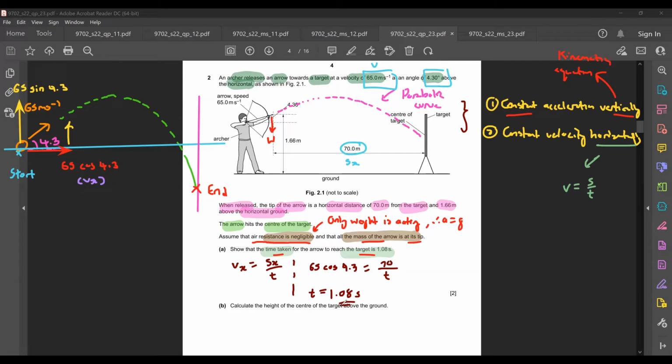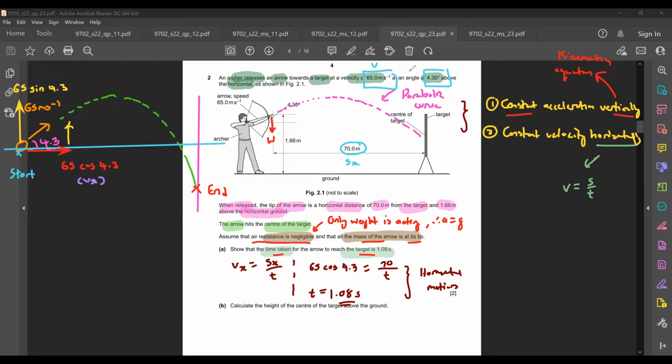Okay. So this is you considering horizontal motion. We could probably find out the same thing by considering vertical motion also, but we don't have enough information to work with. We would have to do a lot more workings in order to find the same answer. So horizontal motion here is the most straightforward.